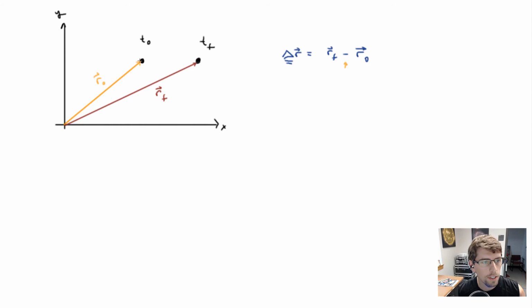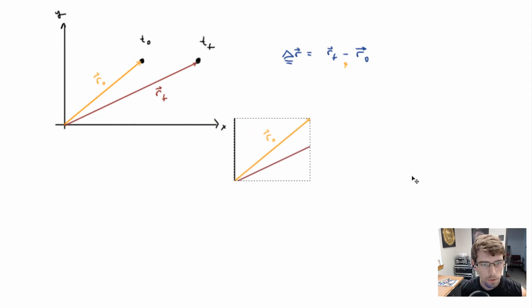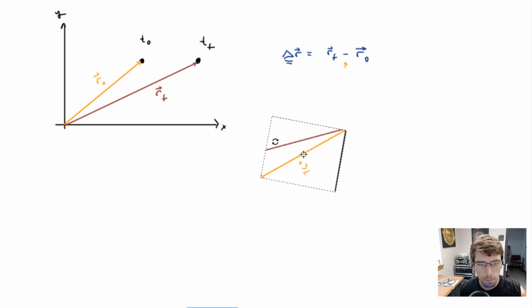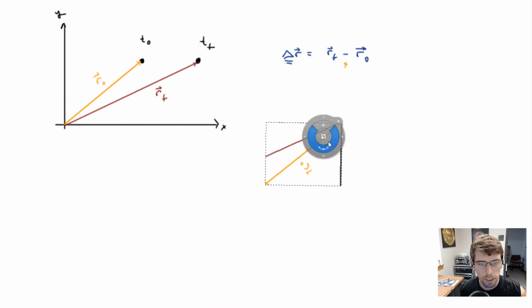So there's my initial, and we'll flip it 180 degrees. So now I've got my R initial, and I've got the negative sign taken care of. That rotates it 180 degrees.